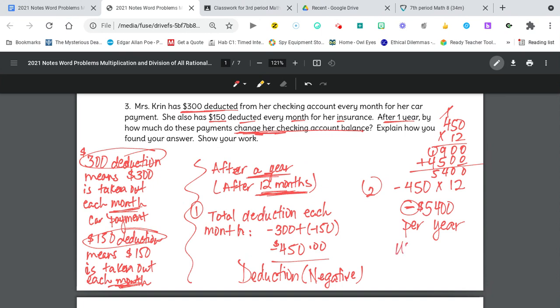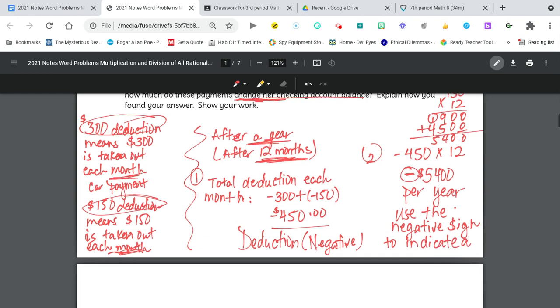Okay? Use the negative sign to indicate a decrease or a deduction in the account.